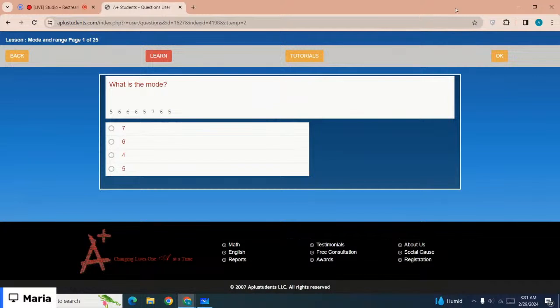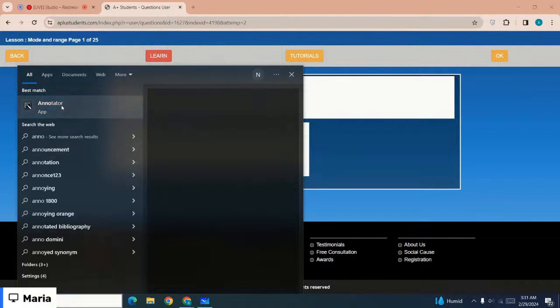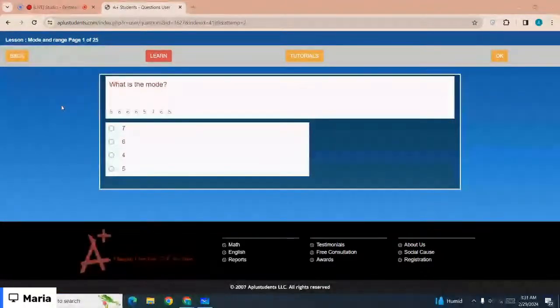If you look at the data carefully, you can see 6 appears 4 times in the given data. So 6 is the mod value. The number that appears the most of the time in the data is the mod. The correct option is 6.